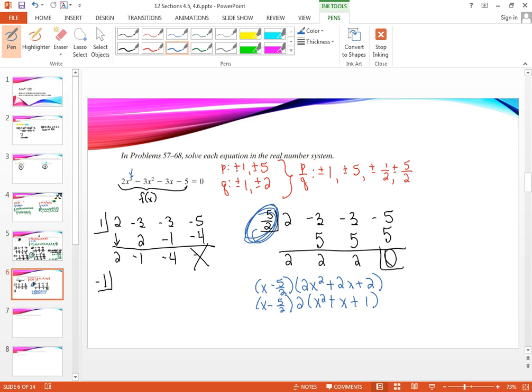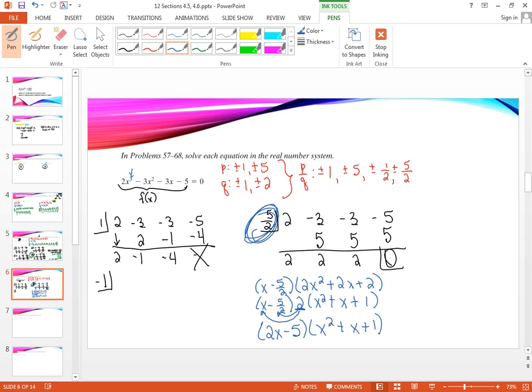And then when you factored out the quadratic, you had this factor of a 2. If you were told to write this in completely factored form, it's kind of bad to leave it written as it is right this second. I'd take that 2 and distribute it into the little binomial so that you have 2x minus 5 times x squared plus x plus 1.